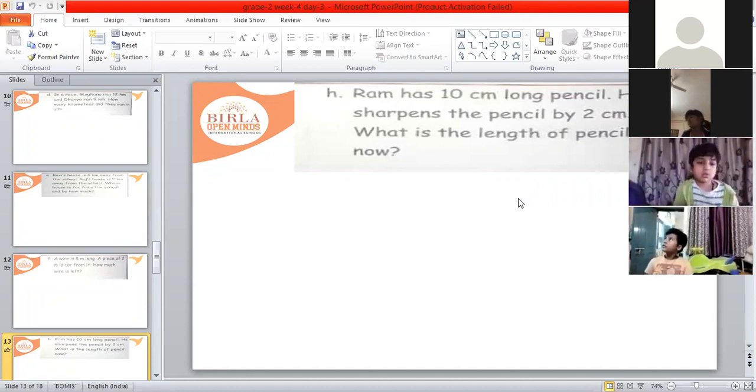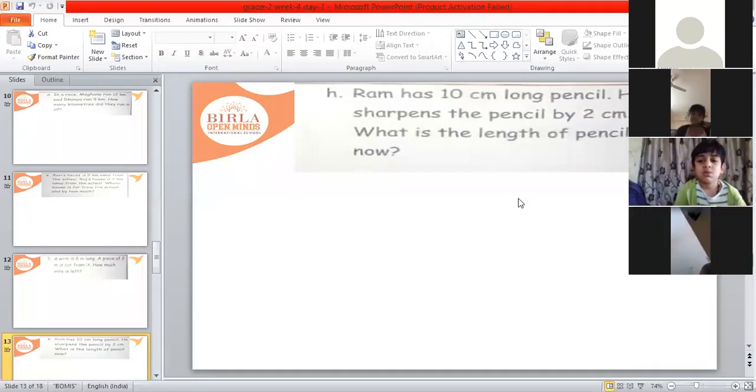Okay. Now, which unit will you use? Hands down, Advaita. Listen to the question first. Which unit will you use to measure the length of a pencil? Yes, Anvika. A ruler. Wrong. That's not the answer. Yes, Misbah.